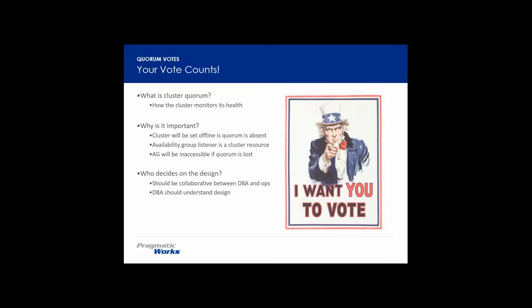So anyway, on to this first slide, quorum votes. It's very interesting, when you see these, once Always On came out, you were into the 2012 pre-release versions and things like that. There were a lot of handy blogs that said, here's how easy it is to set up an Always On AG.